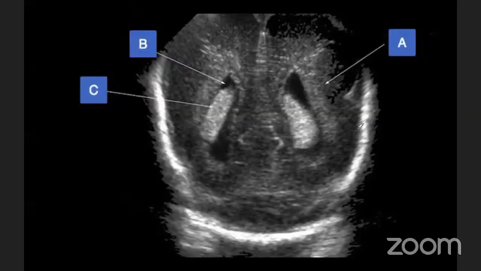So I will need some volunteers. Don't be shy. Just tell me about these structures represented by A, B, and C. Any volunteer? This already came in my presentation, just to see whether you were awake or not. If not, then maybe I can request Saeed to tell me.